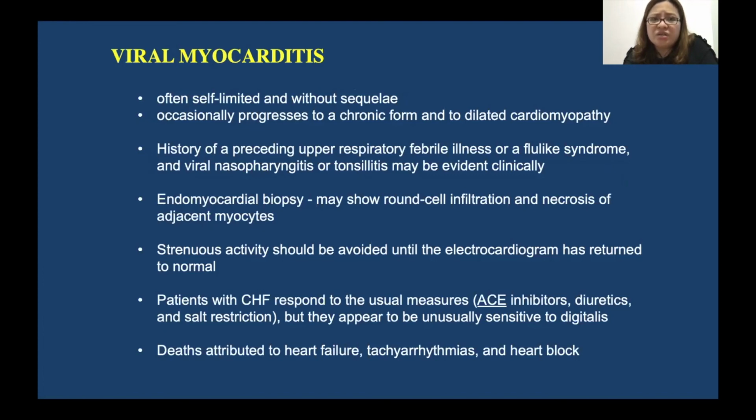There is a history of preceding upper respiratory tract infection with fever and flu-like illness, such as viral tonsillitis and nasopharyngitis. On endomyocardial biopsy, this may show round cell infiltration and necrosis of the adjacent myocytes.